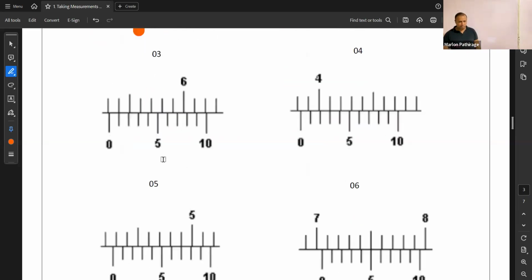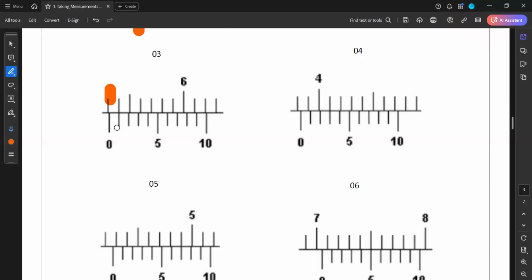Now this is the sixth one. We can read up to 52... sorry, it would be 53.